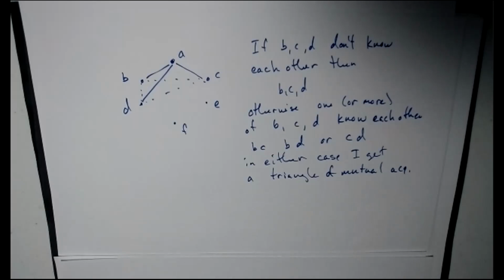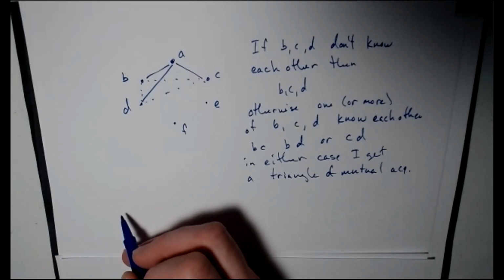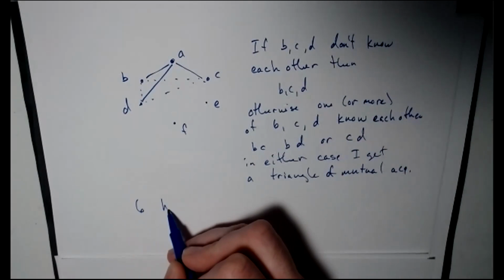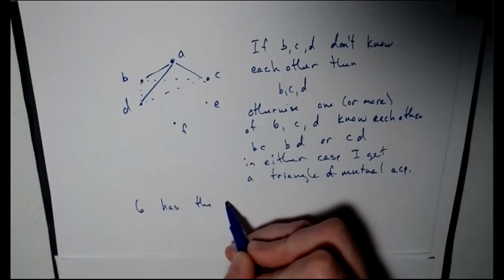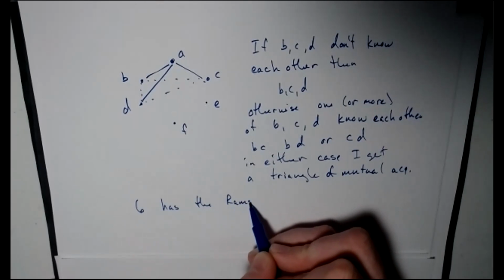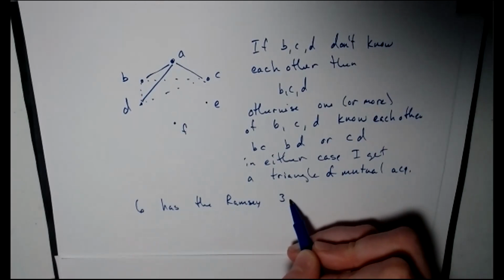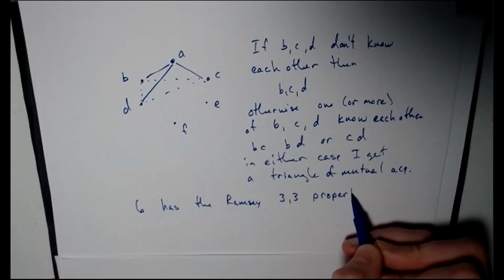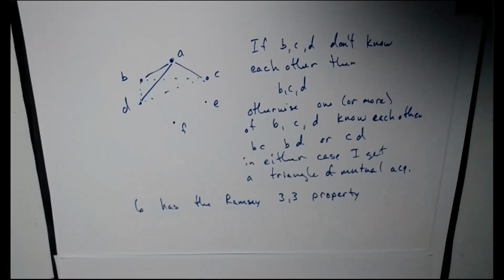And so what we say here is that this is the language that our book is going to use in its common language. 6 has the Ramsey 3-3 property. I'm going to explain that in just a second.